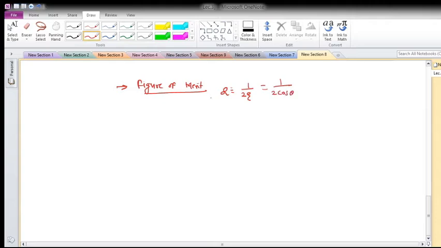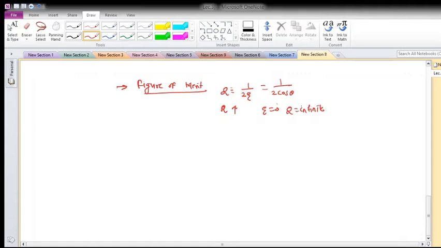So if I want to define the figure of merit for this, we can say that when poles are near to the j omega axis, then what will happen with Q? Q will be high. Okay, right. And when zeta is equal to 0, then what will happen? Q will become infinite.